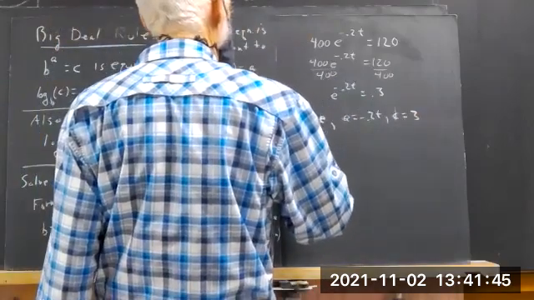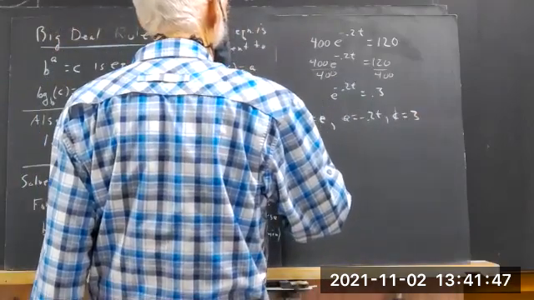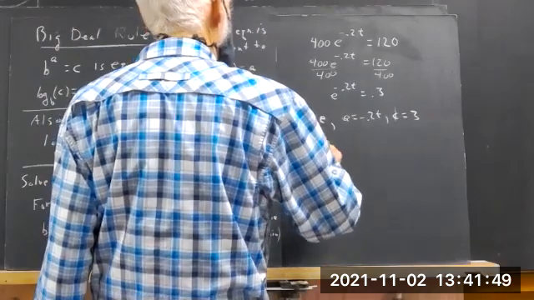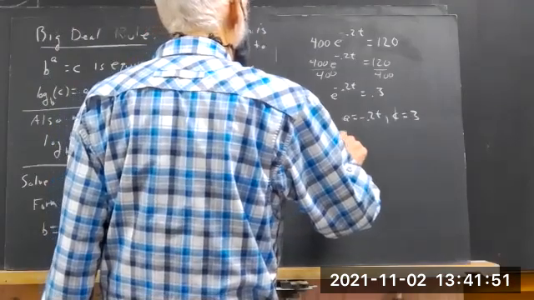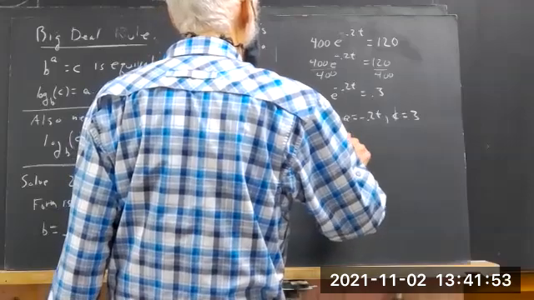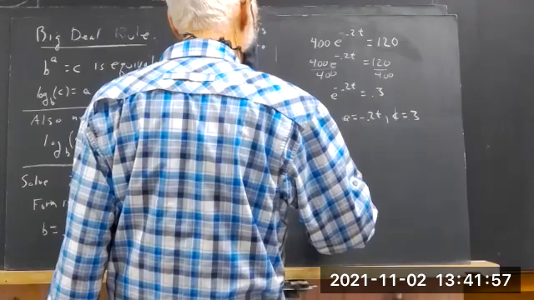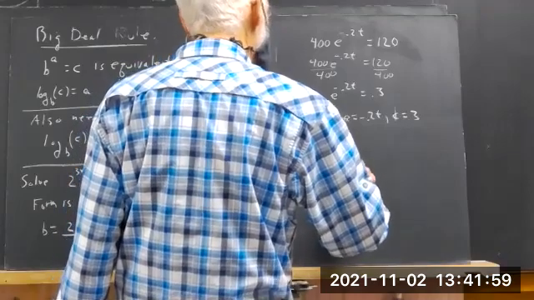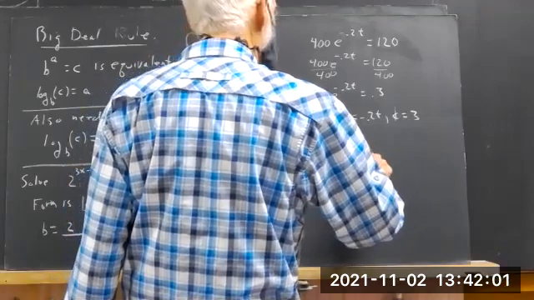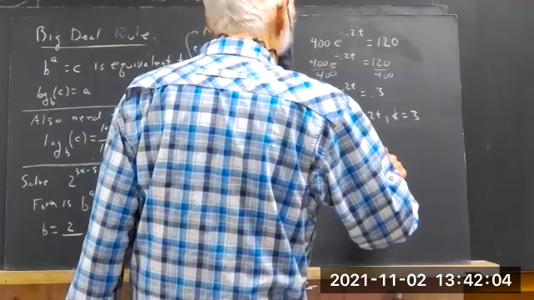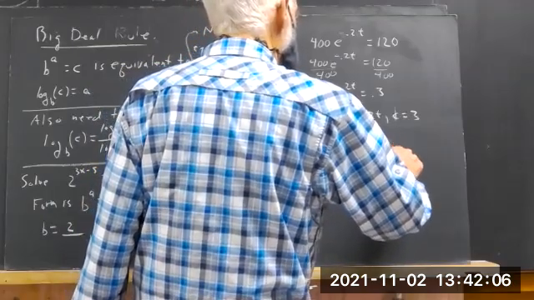So now the logarithmic form is log base e of 3 equals negative 0.2t.